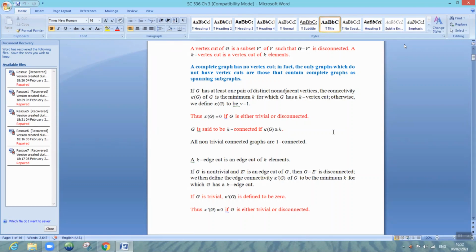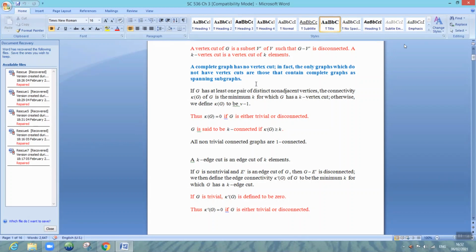Therefore, whenever a graph is given and you are asked to find a cut vertex or vertex cut set, if the graph has a complete graph as a subgraph, then no cut vertex. A complete graph has no vertex cut or cut vertices. In fact, the only graphs which do not have vertex cuts are those that contain a complete graph as a spanning subgraph. If we have a large graph that has a complete graph as a spanning subgraph, then that graph has no vertex cut.